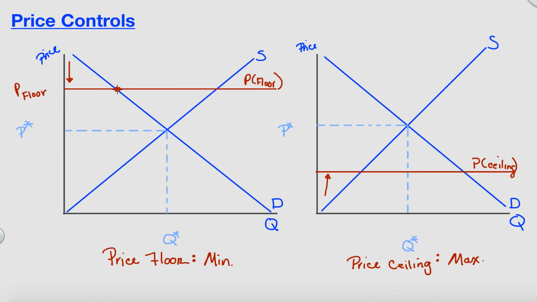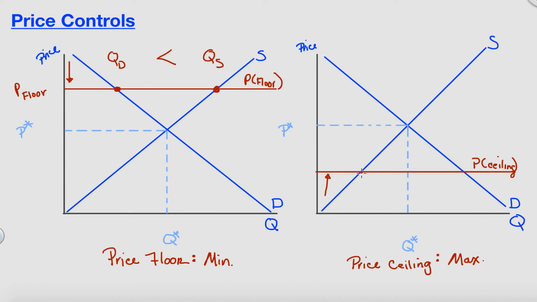That means that if we follow that price to where it intersects with the demand curve, we'll see that this is the quantity demanded at the new price floor, and this is the quantity supplied at the new price floor. So we can already see that if the market is not in equilibrium, there's always going to be either a shortage or a surplus. Here, quantity demanded is significantly less than quantity supplied. So we know that if the demand for an item is less than what's going to be supplied, it's going to create a large surplus in the market.